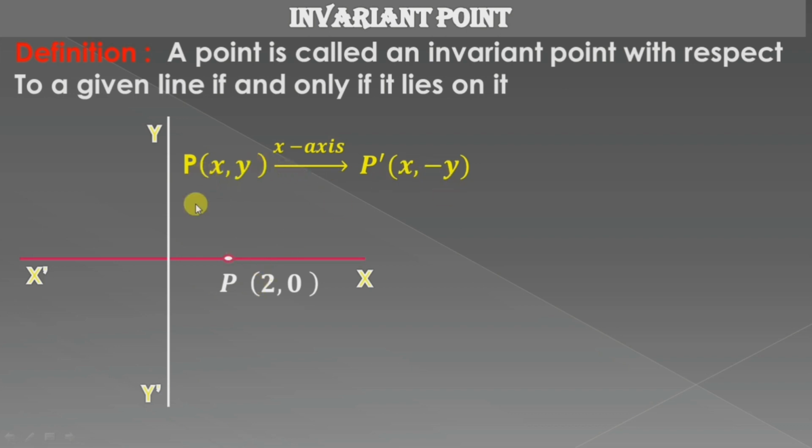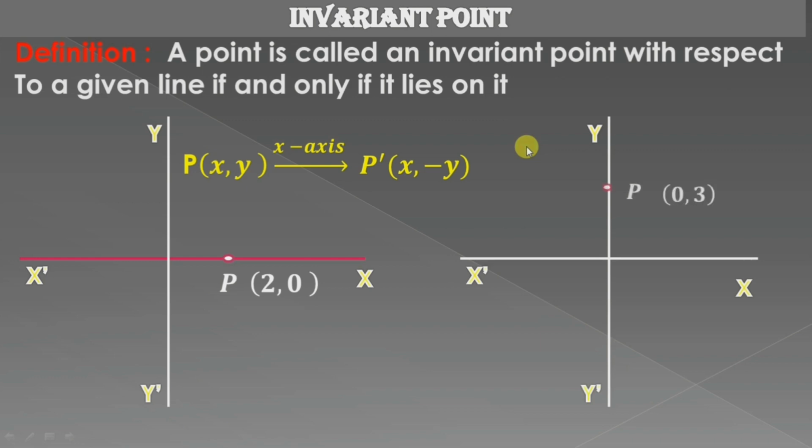So here point P(x, y) is P(2, 0). Since it's reflected through the x-axis, the value of x remains the same, so 2 remains 2. Now the value of y, plus y becomes minus y. So here the value of y is 0, so plus 0 becomes minus 0. That means the coordinates of the image as well as the coordinates of the object are the same. So this type of point is known as an invariant point.